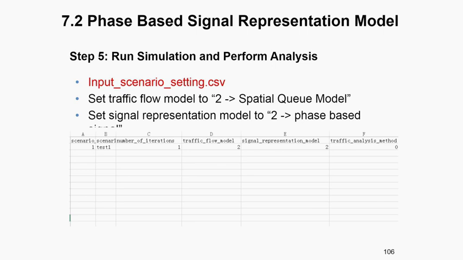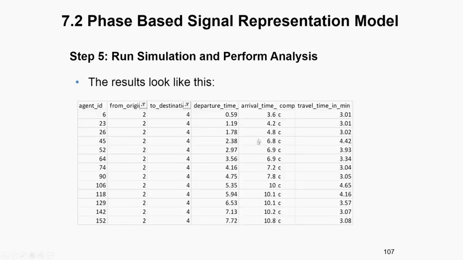Okay. So in our simulation setup, we use the signal representation mode number 2. Okay. And then we can try to perform the simulation. The results look like the following: agent-based, agent, departure time, ending time, travel time.